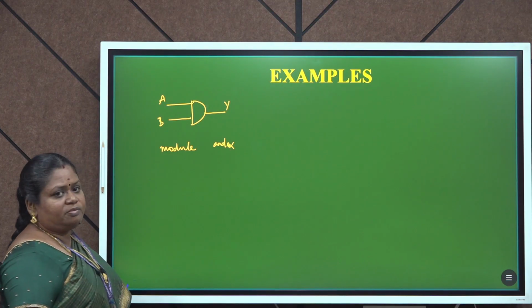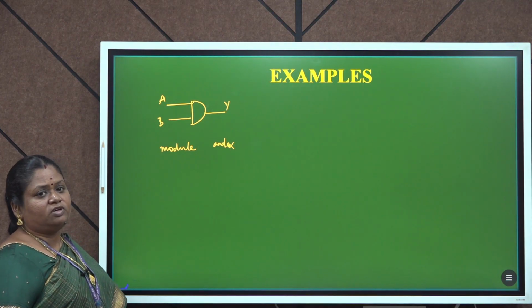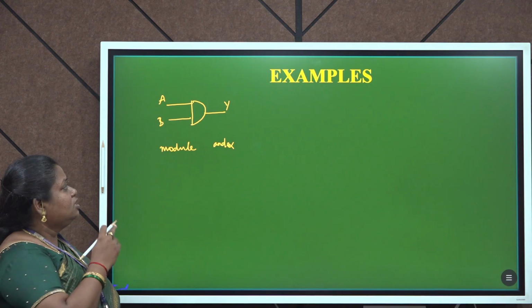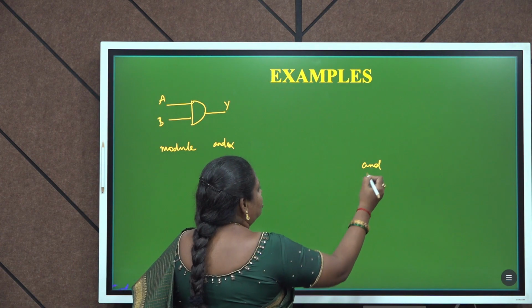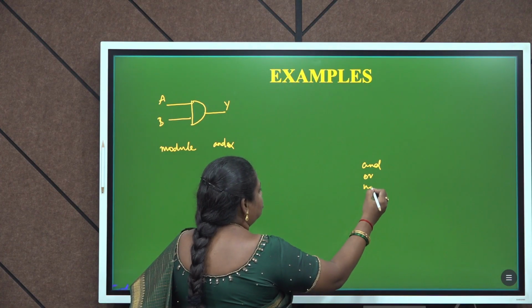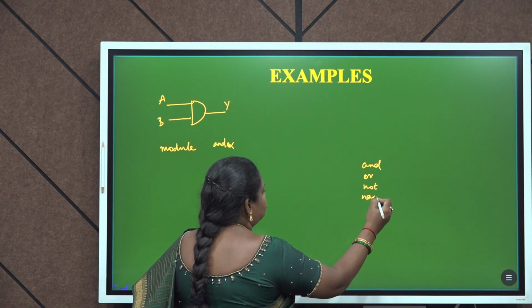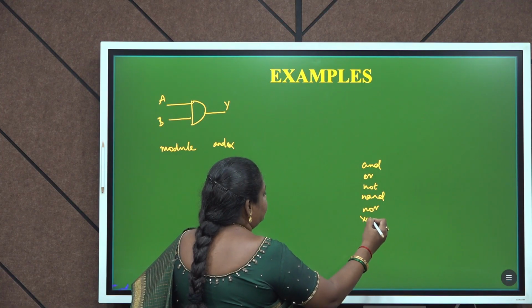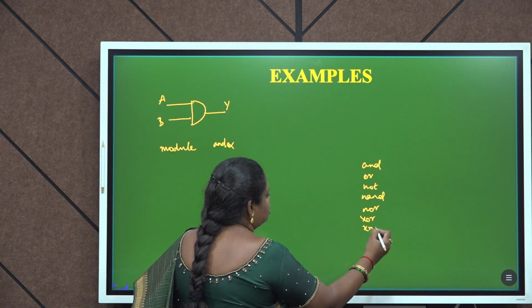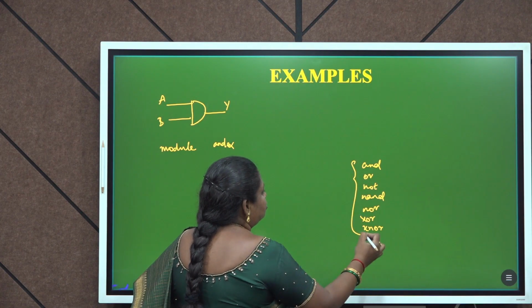Here we have to be very clear, because there are different keywords present when you are using gate level modeling. The keywords are AND, OR, NOT, NAND, NOR, XOR, XNOR.